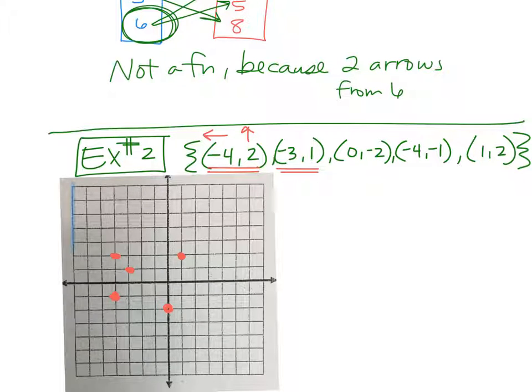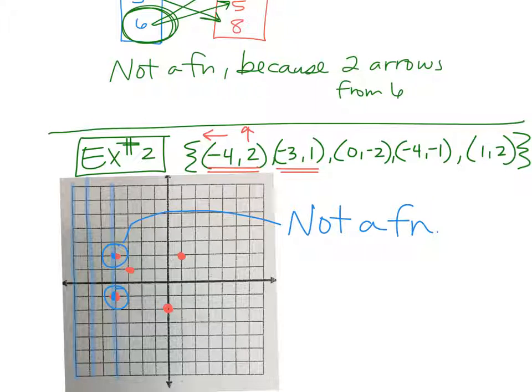If I draw a line here, there's no points there. A line here, no points there. But right here, how many points did I go through? 2. If you go through more than 1, it is not a function. So we would say this is not a function, because Fn, by the way, represents function. Not a function because of these 2 points right here.